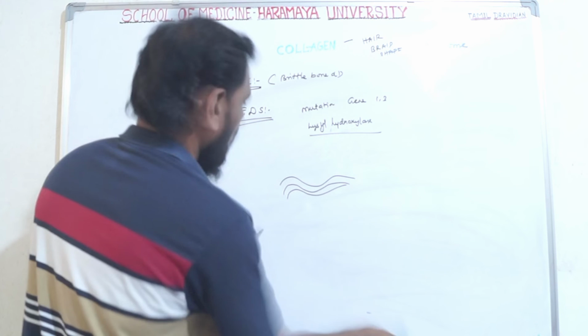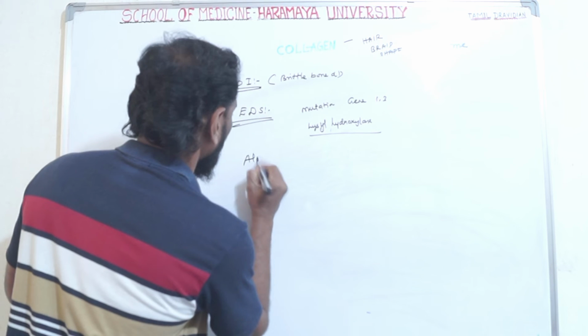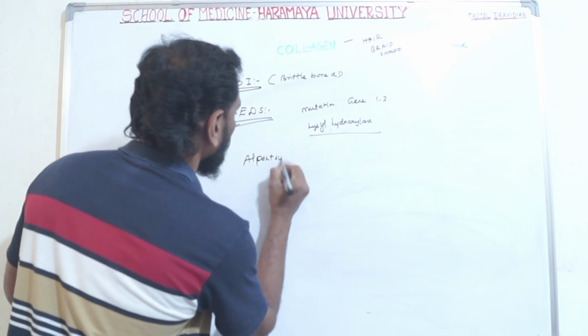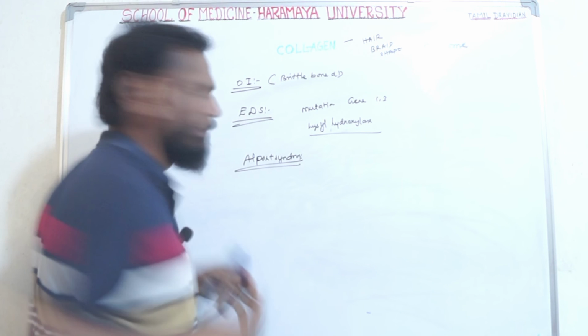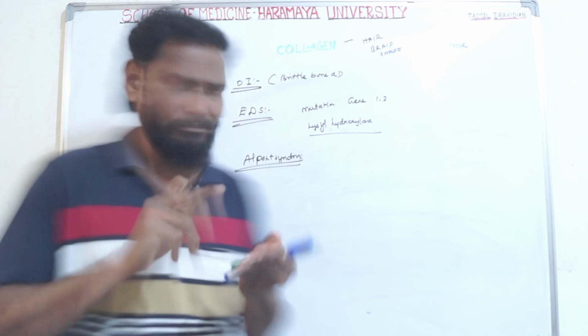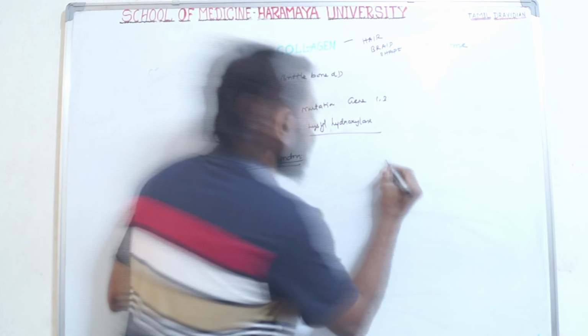Clear? Then next one is called Alport syndrome. This completely affects our kidney. The mutation occurs in the gene for type 4 collagen.